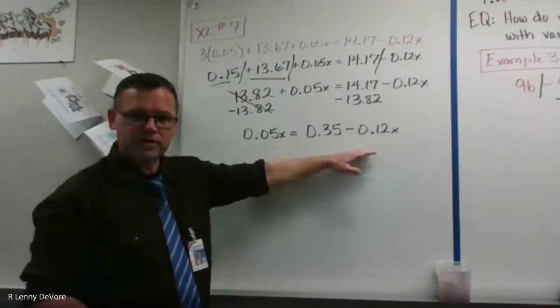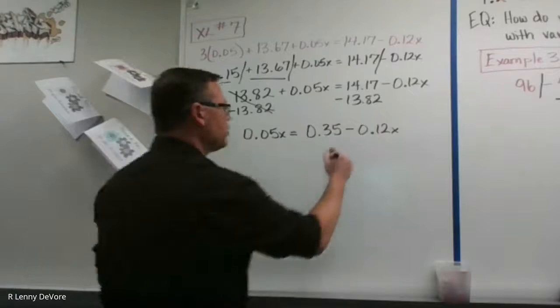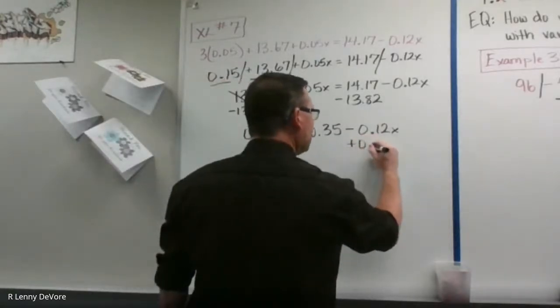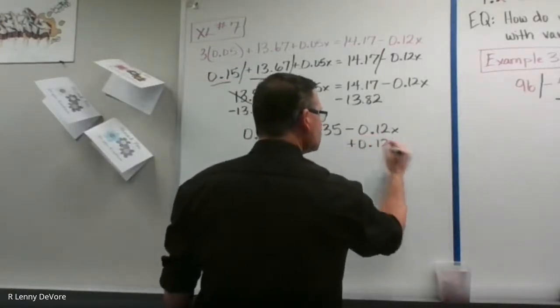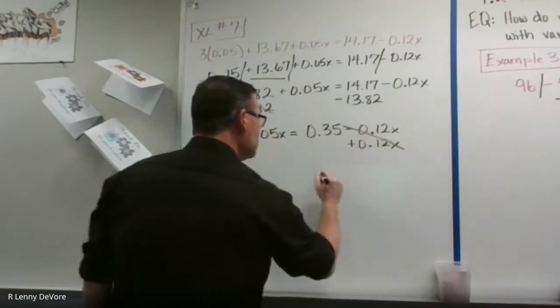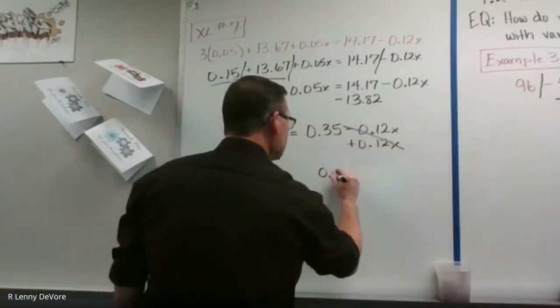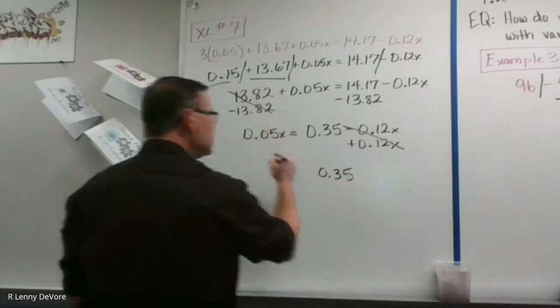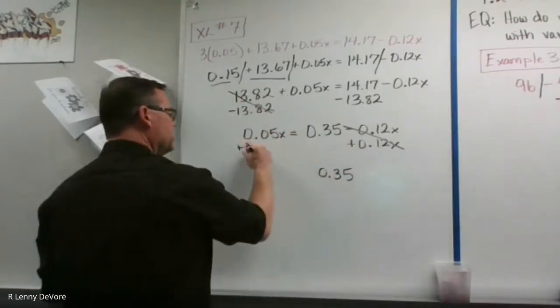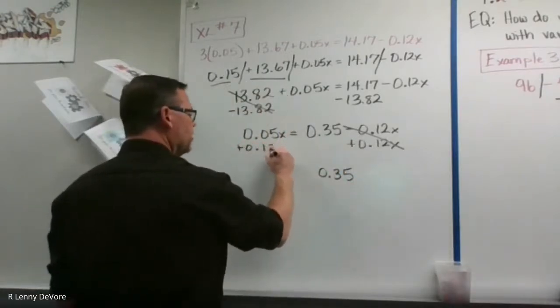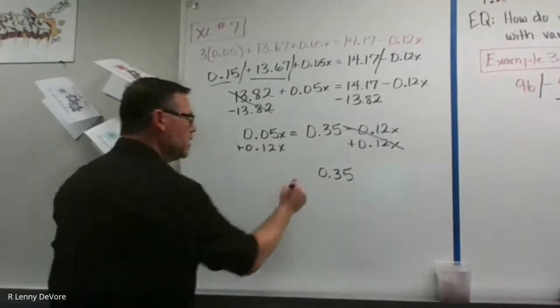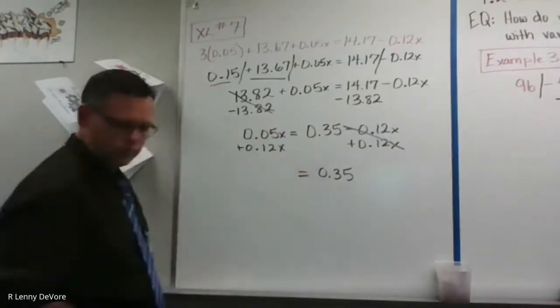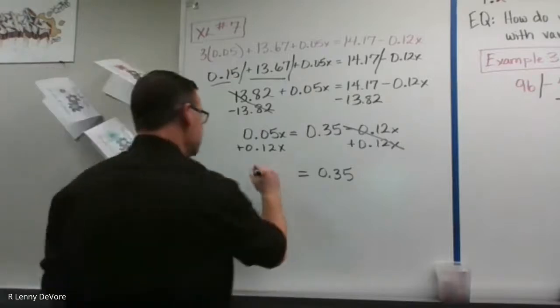So when I go through and I do this, I'm going to add it in order to get rid of it. So I add 0 and 1200ths x. This is gone. The only thing left on this side is 0 and 3500ths. But I have to actually add it over here, 0 and 1200ths x. And that's going to equal 0 and 1700ths x, right?